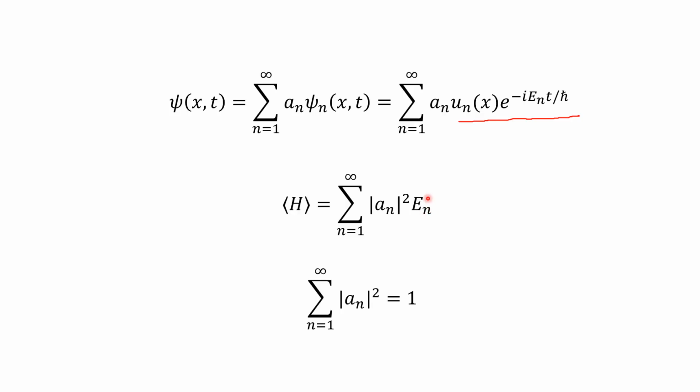Naturally, the nth energy state depends on the probability modulus a_n squared, so for each energy value E_n, this will be different. That is, the probability is different. If you add all the probabilities, you will get 1. So ultimately you can realize that the energy eigenvalue of the total wave function is fixed, a constant one. However, for an individual component, it varies due to this probability factor.